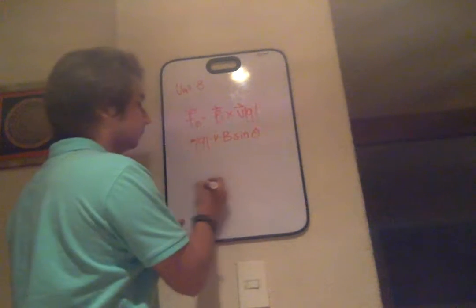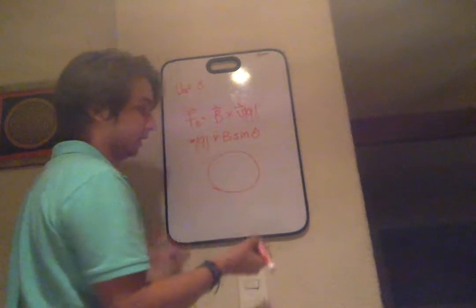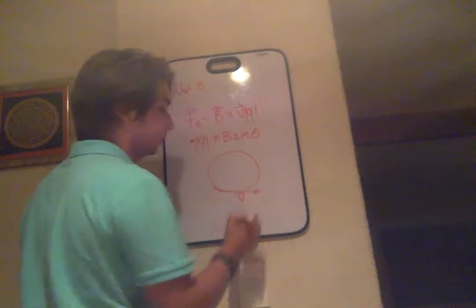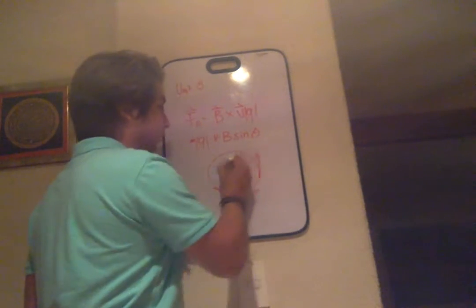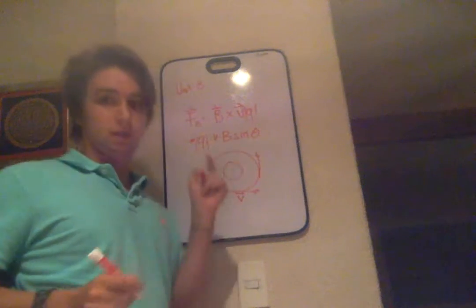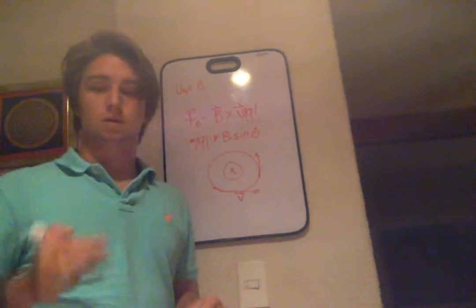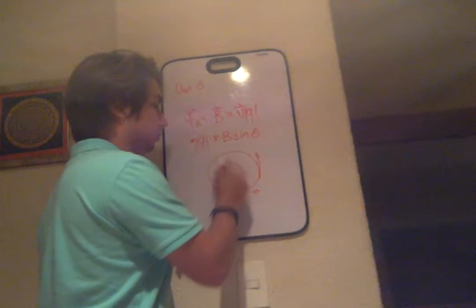And so the motion will be like that, and it will have a constant speed because the magnitude of the velocity won't change. And that means that it's pointing towards you, and that means that it's pointing inwards. And so now it's pointing towards you.